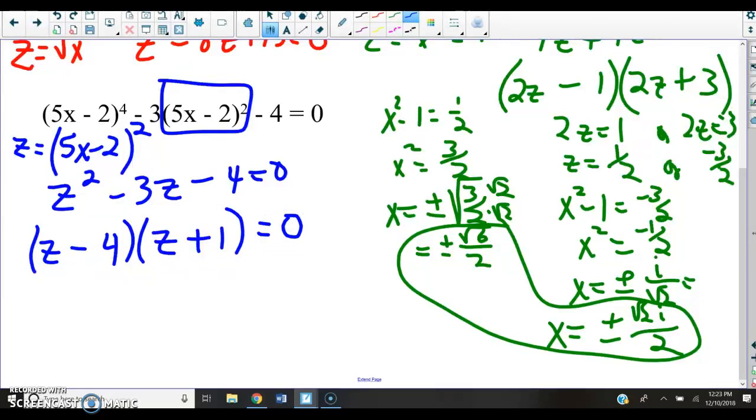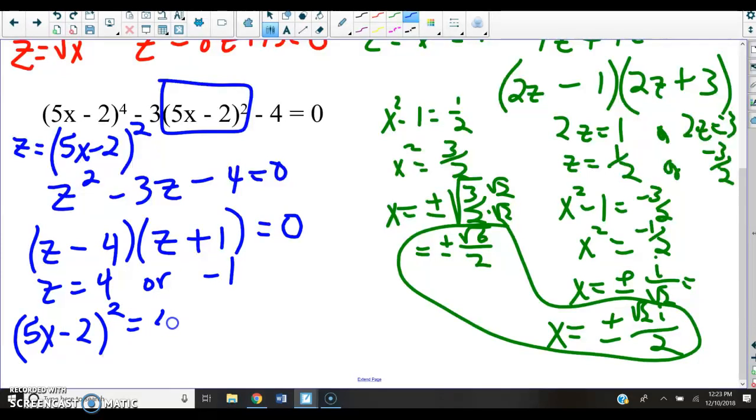So I'm going to have z equals 4 or negative 1. But z was holding the place of 5x minus 2, the quantity squared. So I'm going to get the two equations, 5x minus 2, the quantity squared equals 4, and equals negative 1.